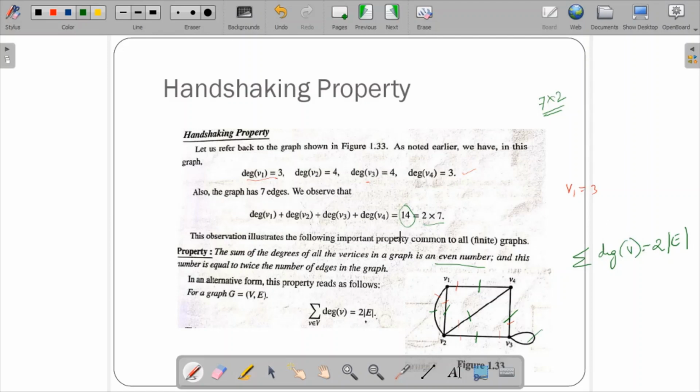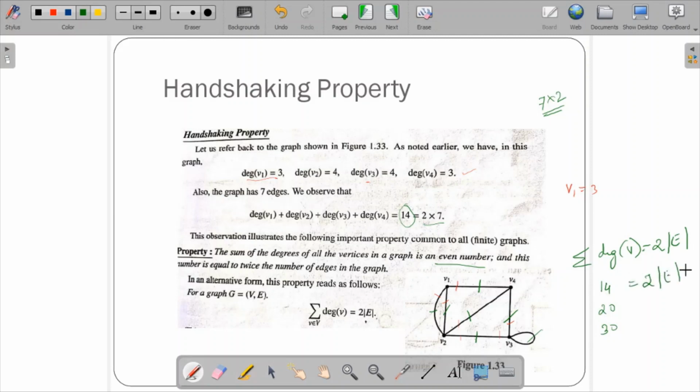Why do they call it the handshaking property? Because it essentially states that if several people shake hands among themselves, then the total number of hands shaken must be even, because just 2 hands are involved in each handshake. So the sum of degrees is even, might be anything. For example, in this graph we got 14; if you get 20 or 30, that is equal to twice the number of edges.